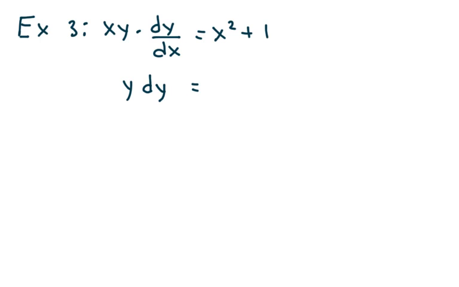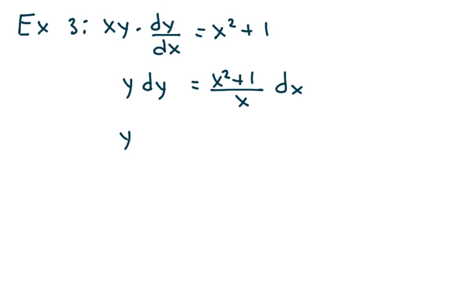And on the right side, we get (x squared plus 1) divided by x dx. So y dy is equal to (x plus 1 over x) dx. So on the right-hand side, I just split off the fraction.